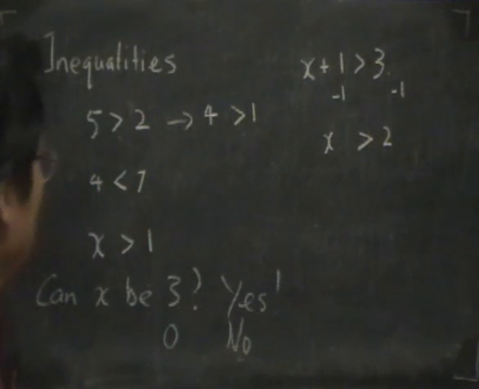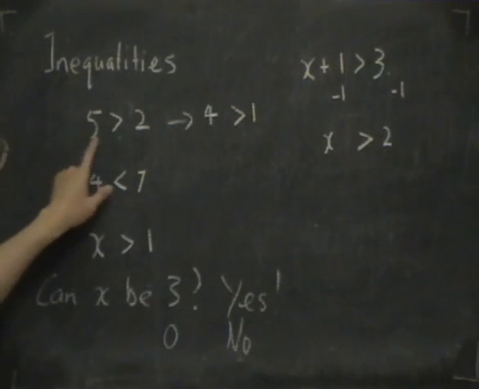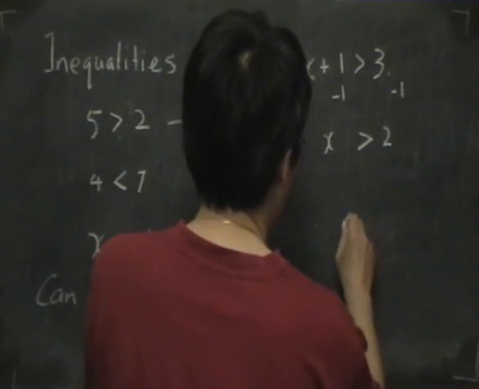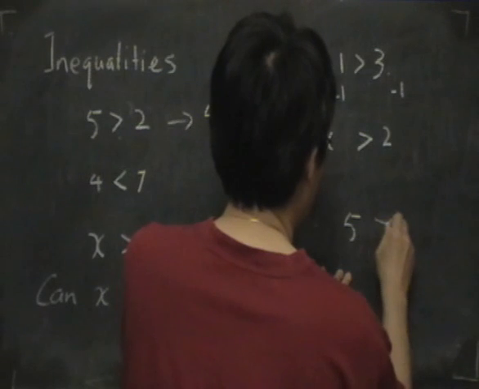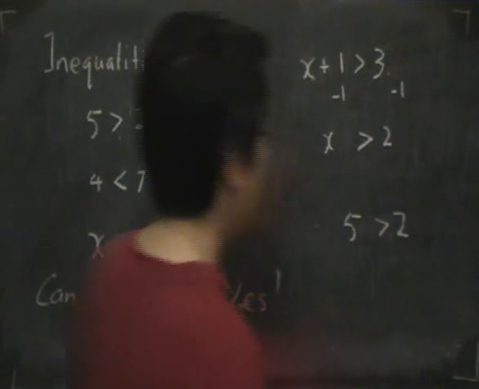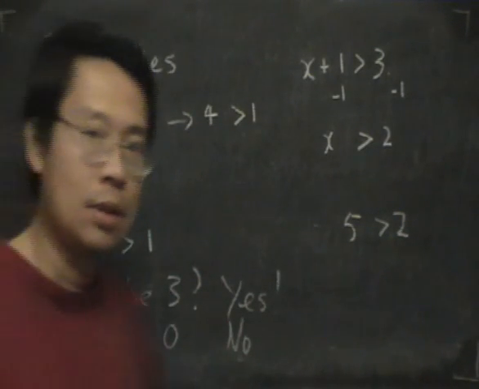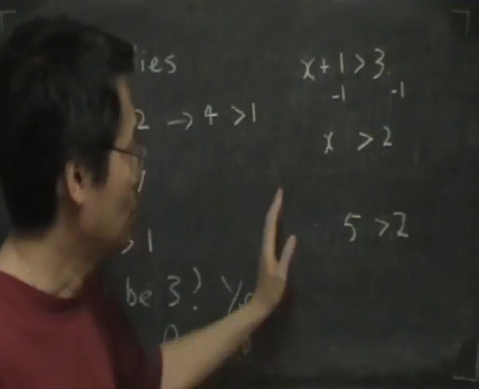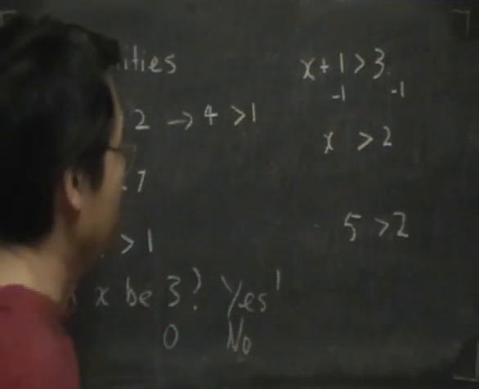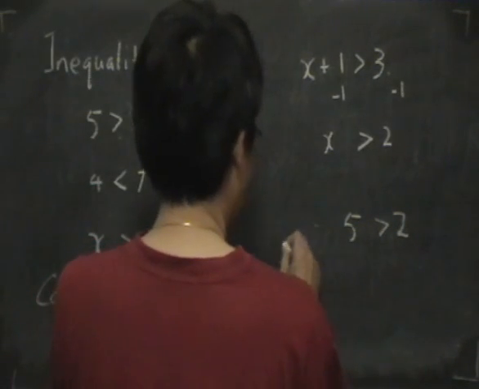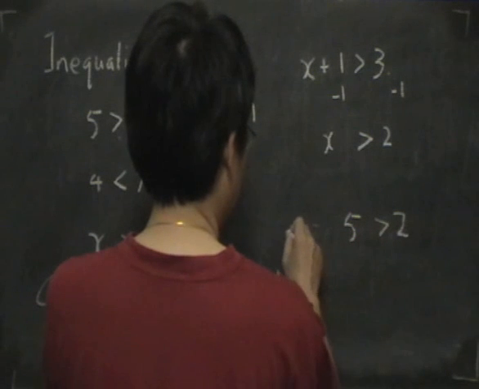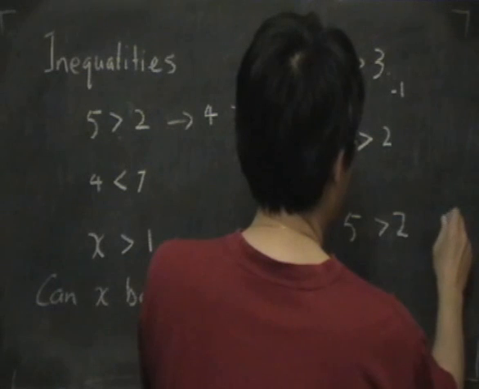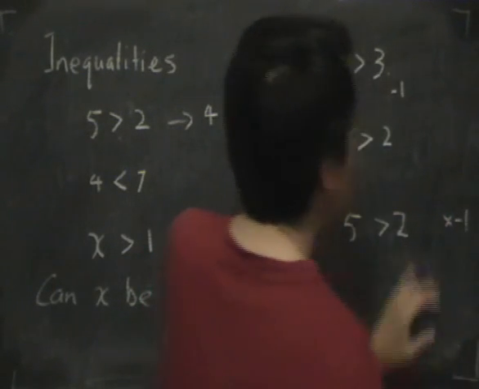Why not? Let's take a look at this 5 is greater than 2 again. Now I'm going to try and multiply minus 1 to both sides. I'm going to multiply this side by minus 1 and that side by minus 1.